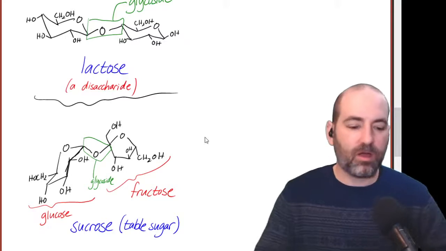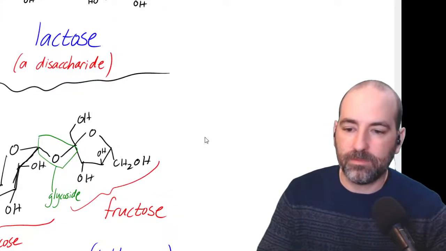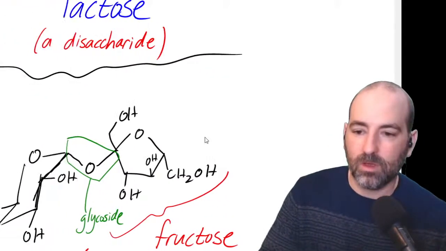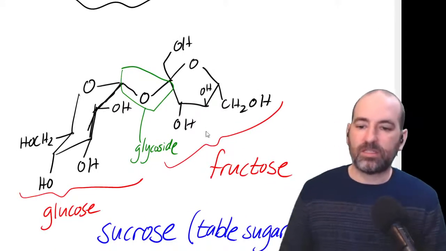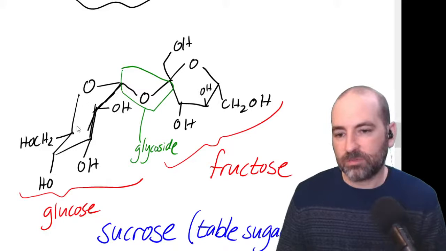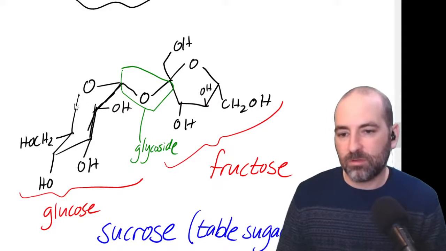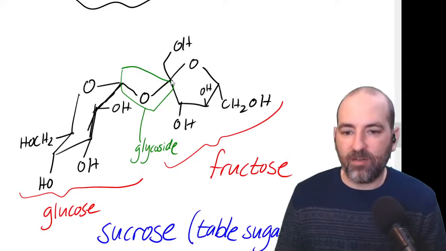So here's a picture of sucrose that I drew. Sucrose is a little bit weirder looking because it's a disaccharide of glucose, which is a 6-membered ring, 1, 2, 3, 4, 5, 6, and fructose, which is a 5-membered ring, 1, 2, 3, 4, 5.